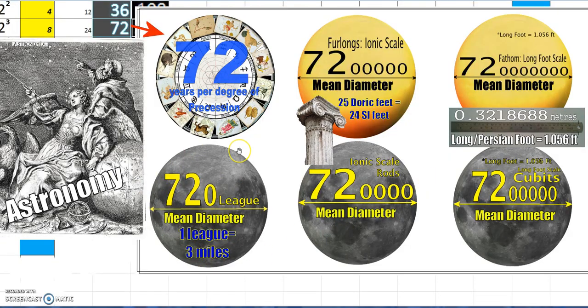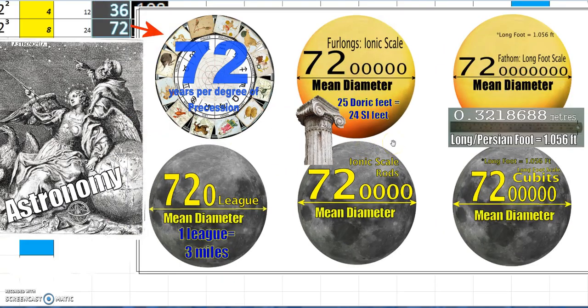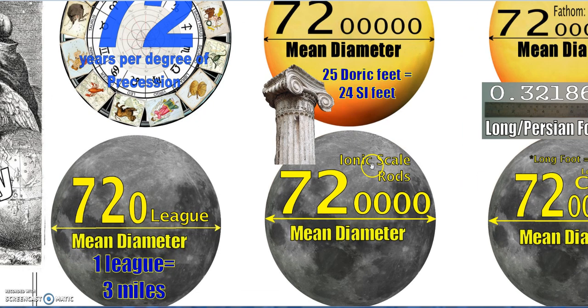That's the imperial measures we use now. But earlier, throughout so many series, the importance of the ionic and Doric scale of measure.